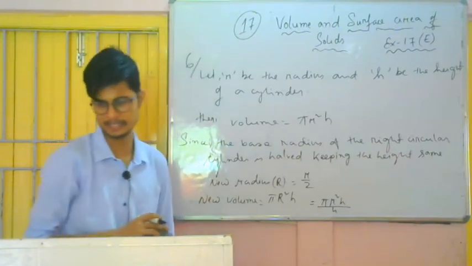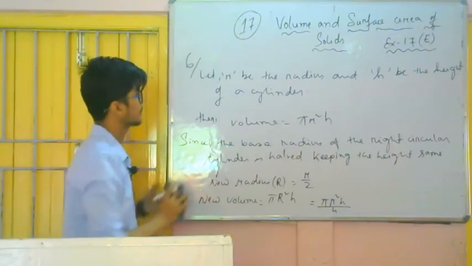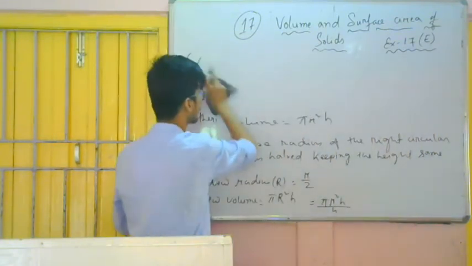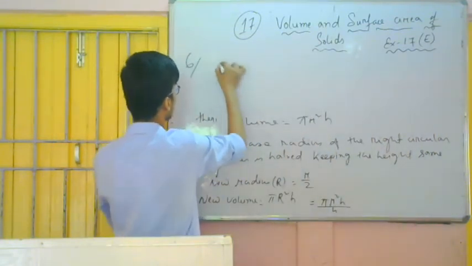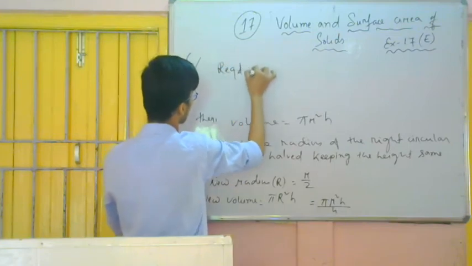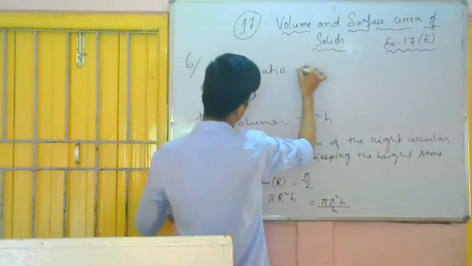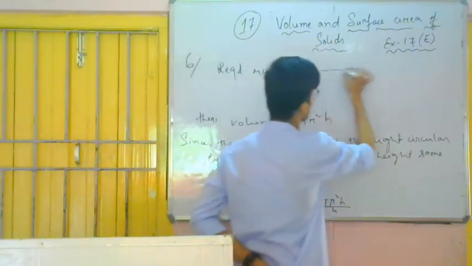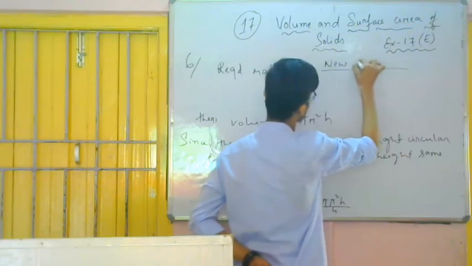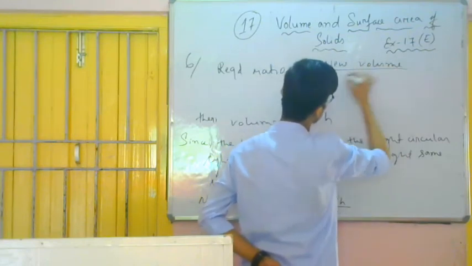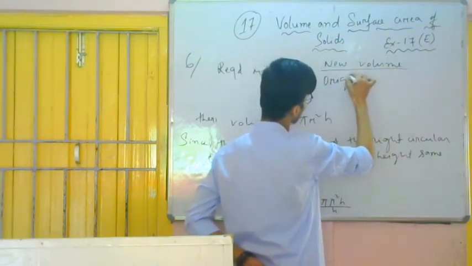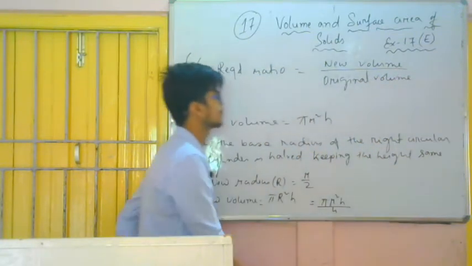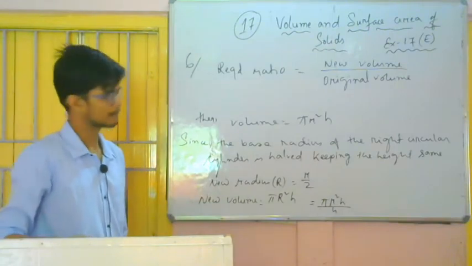So question is to find the ratio. So you write therefore required ratio is new volume by original volume.